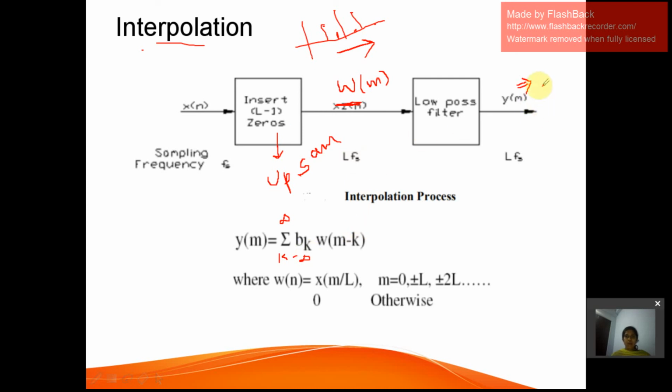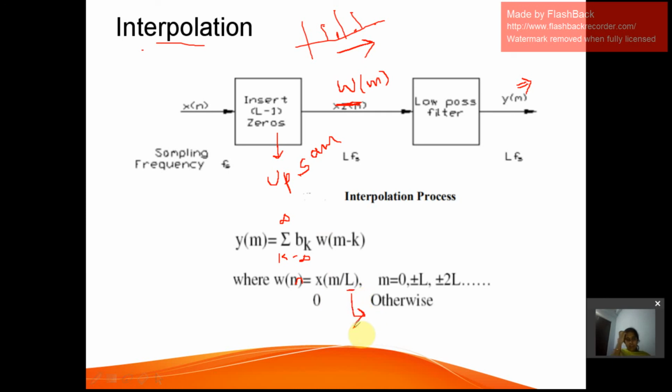This Y of m is nothing but W of m minus k times the coefficients of the low pass filter. And what is this W of m? W of m is equal to x of m by L, upsampled by a factor of L.